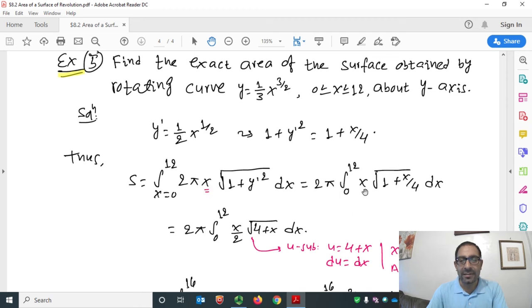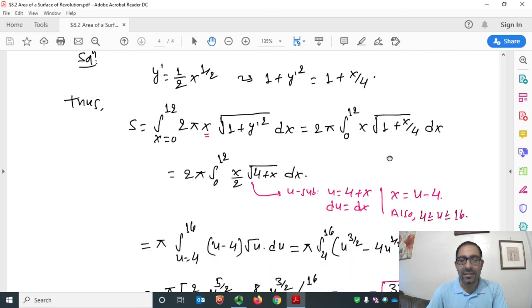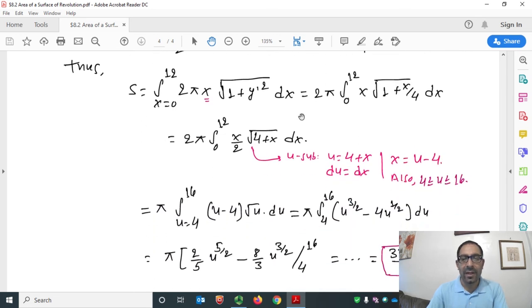This x stays as it is because I am integrating with respect to dx, and 1 plus y prime squared we computed here, which is 1 plus x over 4, still under the radical. Next step, let me scroll down. Now let's simplify what is inside the radical. I can take the LCD 4 and multiply 4 and 1, so this means 4 plus x, and the radical of 4 brought outside becomes 2, so x over 2 here.